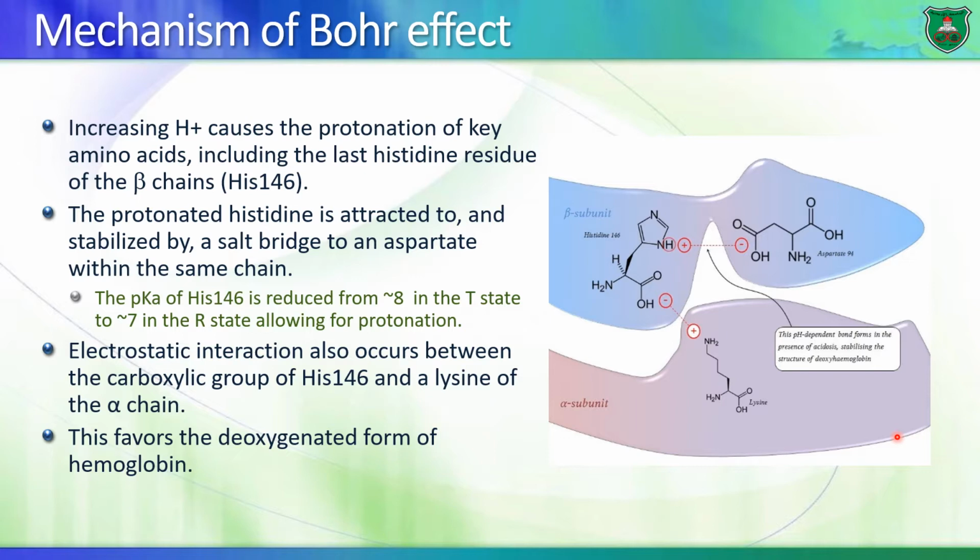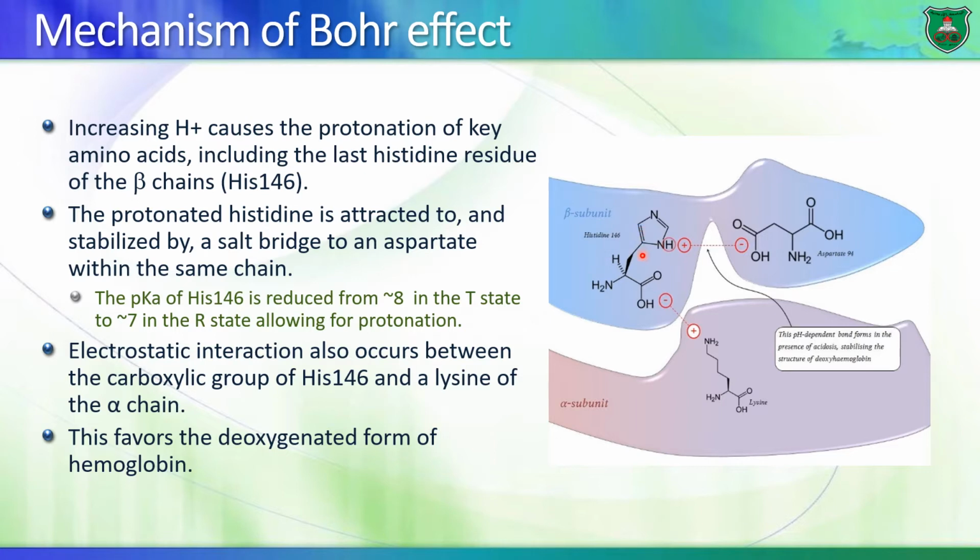How is it that protons stabilize the T state of the hemoglobin molecule? Primarily it has to do with histidine 146. This is the very last amino acid residue in the beta globin chain. So this histidine has the ability to form two important electrostatic interactions.